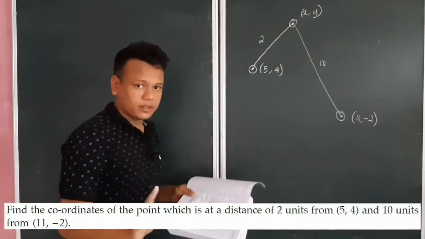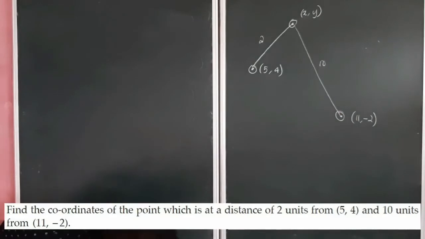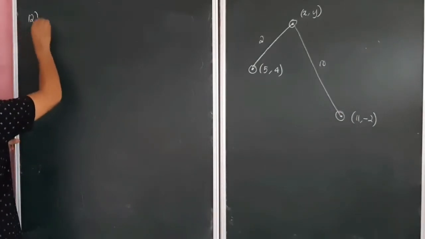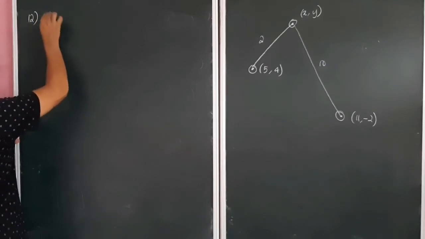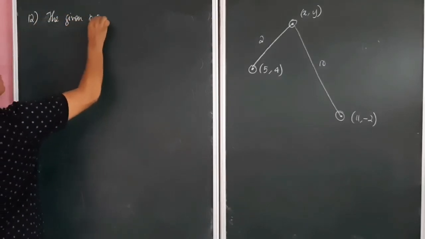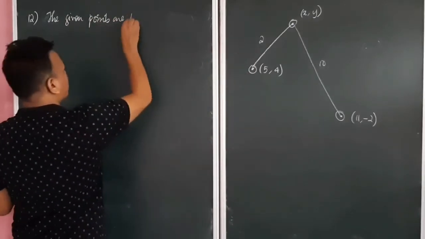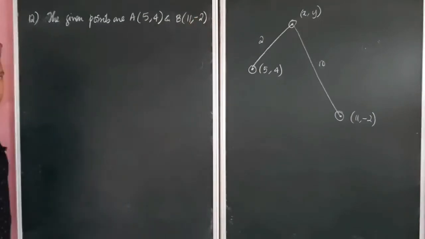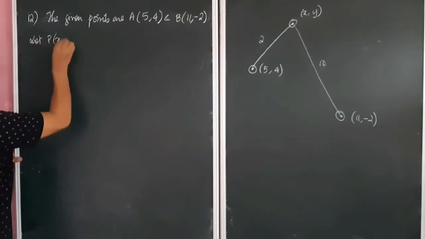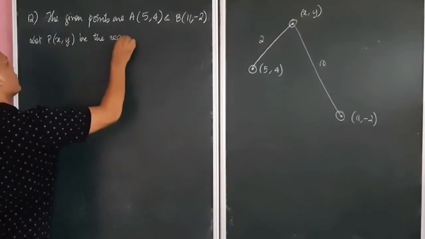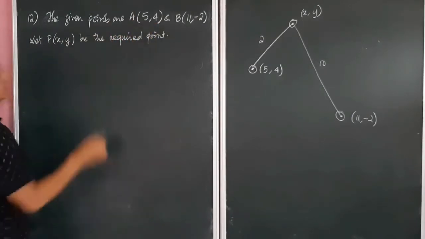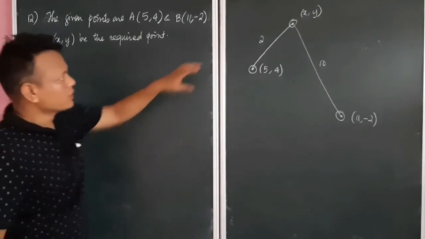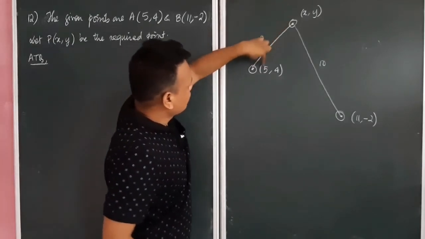Alright, is the question clear to you? If the question is clear, let's begin with the sum. So this is my 12th problem. The given points are A and B, and according to the question, what we must have is the distance between them.